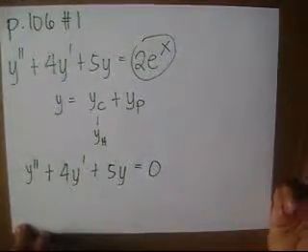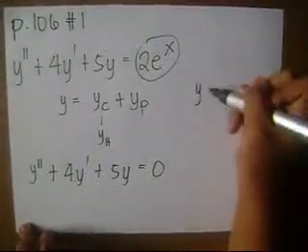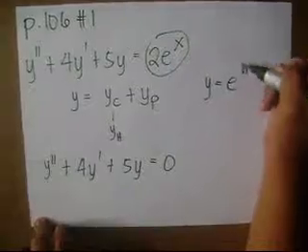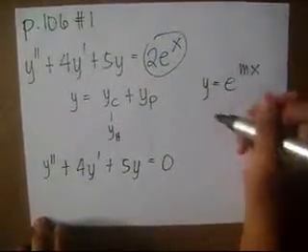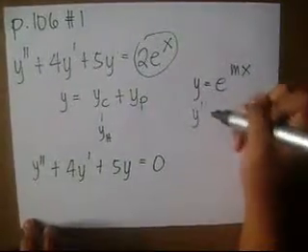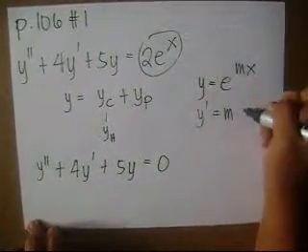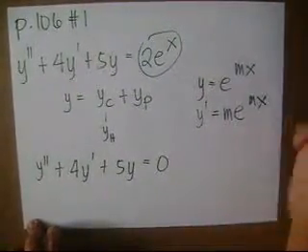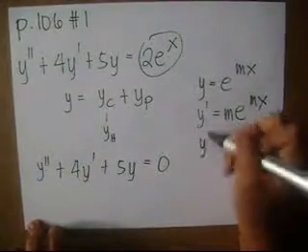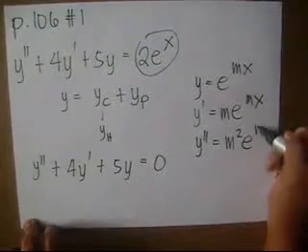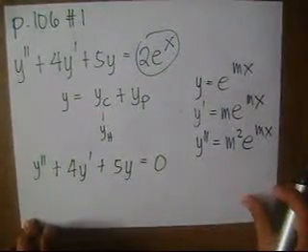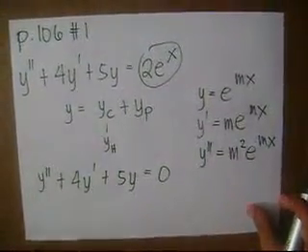Now, we assume that y = e^(mx). The first derivative is m e^(mx), and the second derivative is m squared e^(mx).